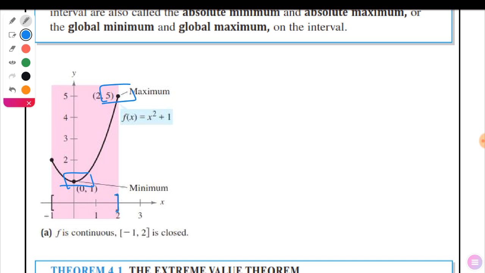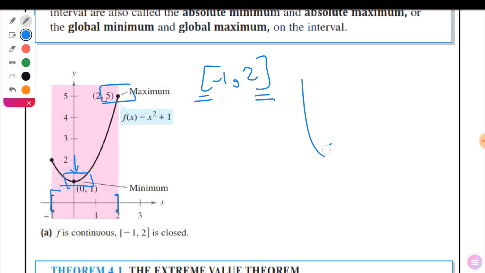Here we discuss the extrema on a closed interval, from -1 to 2. Since we discussed the extrema on a closed interval, we name them absolute maximum and absolute minimum. As you see here, the function is defined at the minimum value and defined at the maximum value.